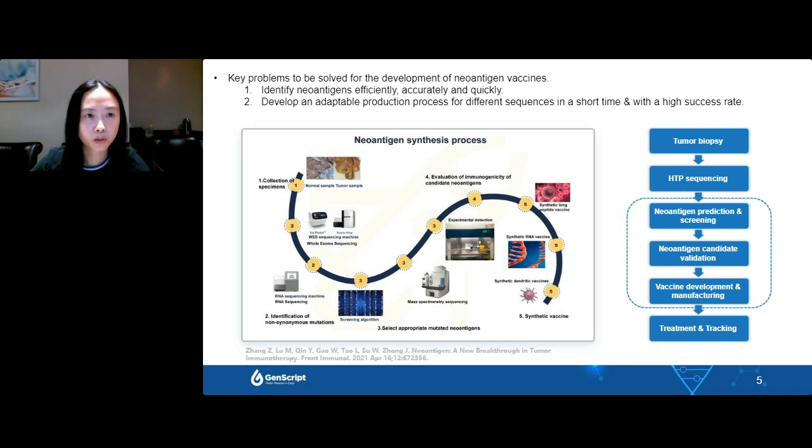And the second problem we got to solve is to find adaptive production process for different sequences in a short time and with a high successful rate, right? Because it's personalized, we cannot do it like the off-the-shelf therapeutic cancer vaccines to prepare everything ready. We have to get the sequence, then develop the vaccine quickly in a short time and with a high successful rate. So that's the 2 important problems we got to solve.